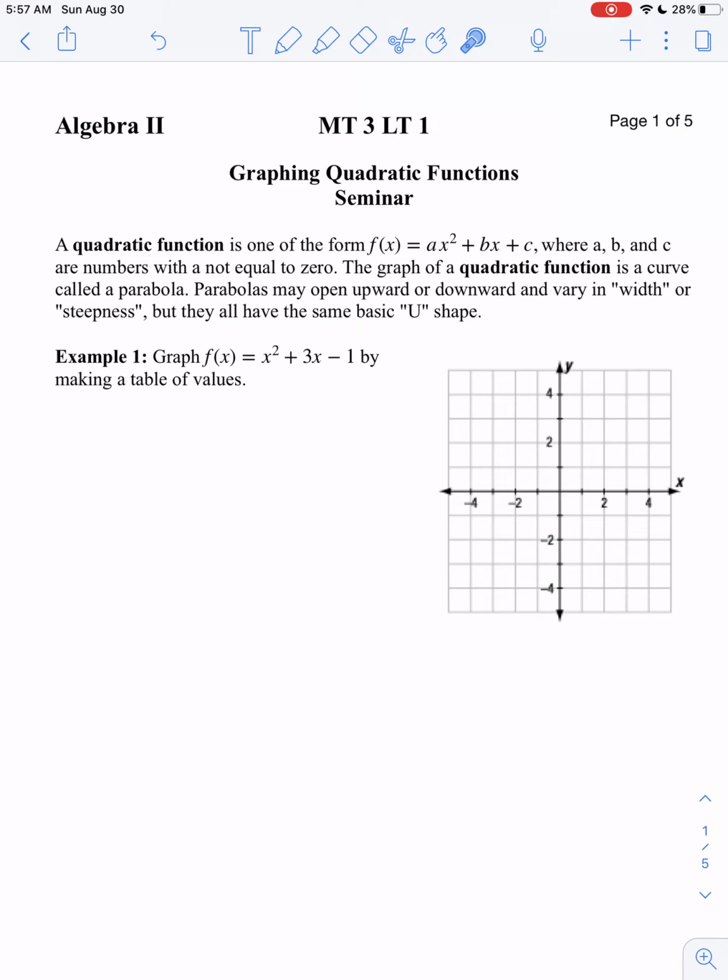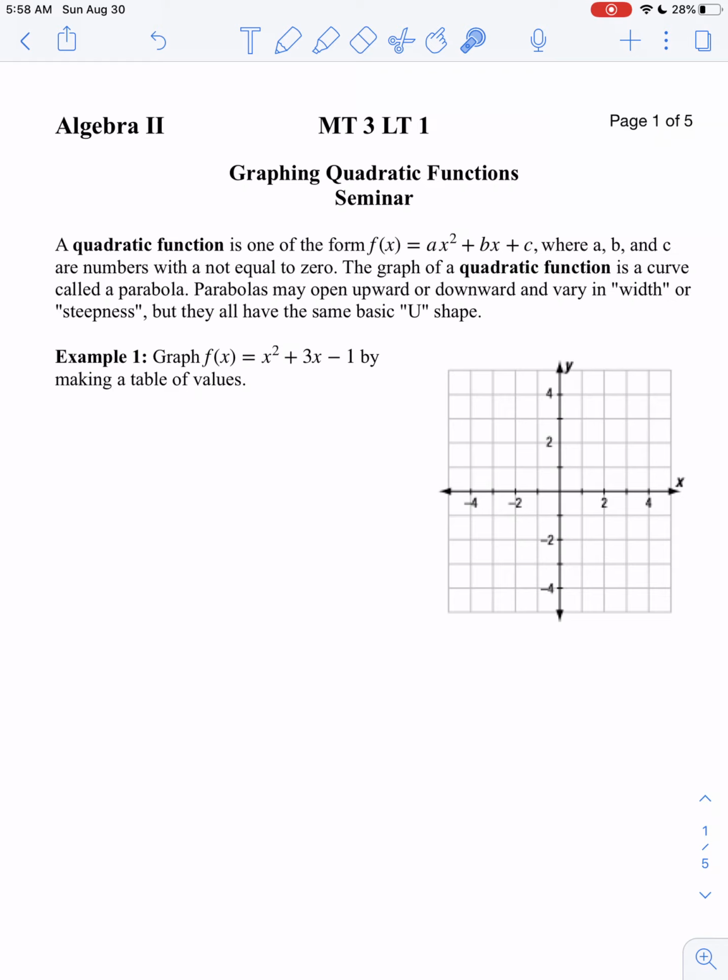The term with just the x, that's your linear term, and the term by itself, that's your constant term. When you graph it, it's going to be what we call a parabola. It's a U-shaped graph. It can be opening up or opening down. It can be a thin U, it can be a wide U. That we're all going to determine by some properties that we're going to learn.